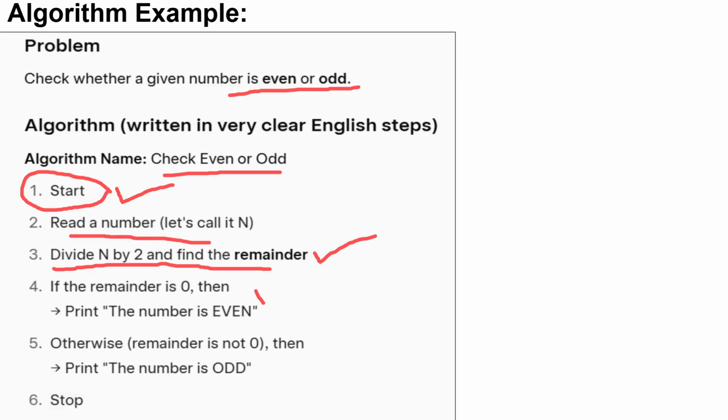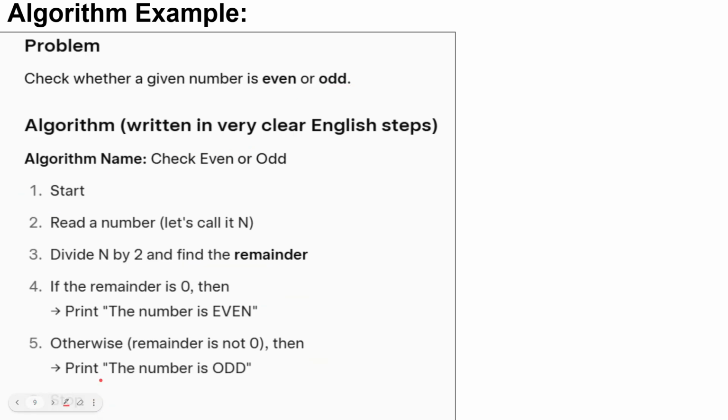If the remainder is 0, then it is even, otherwise it is odd. Then I will stop the program. So this is a simple algorithm. We already saw one algorithm at the start. This is another algorithm to understand the algorithmic approach for solving any type of complex problem. It is a very simple problem, finding even or odd.